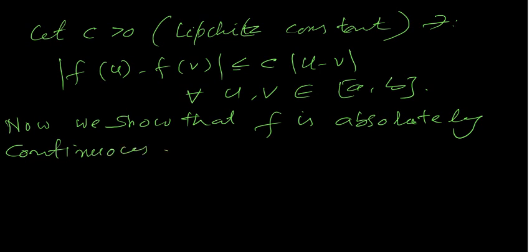So for this we need to show that for each epsilon positive there is a delta positive, such that for any collection. Let epsilon be any positive number.